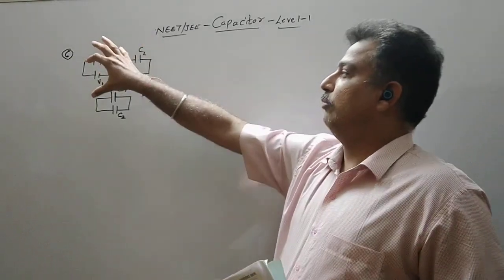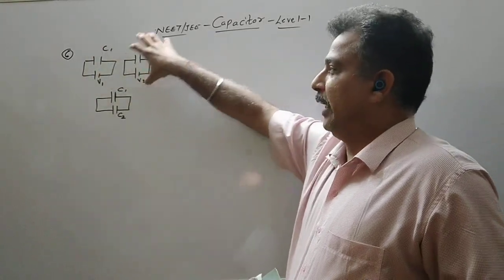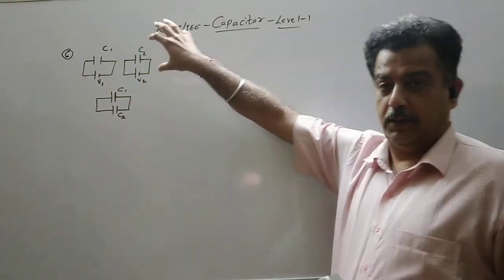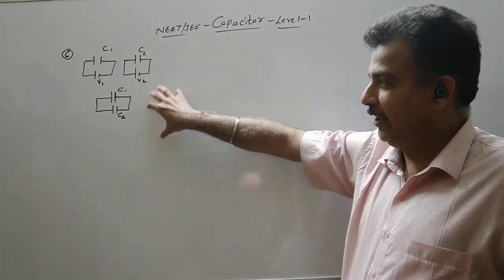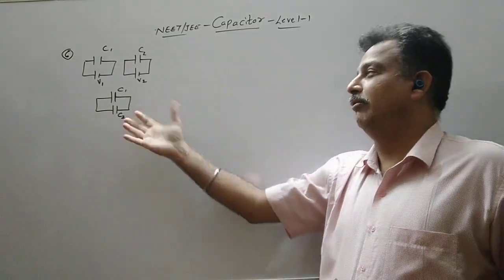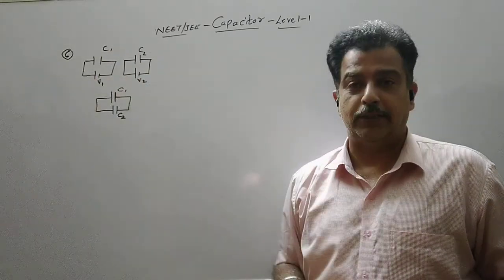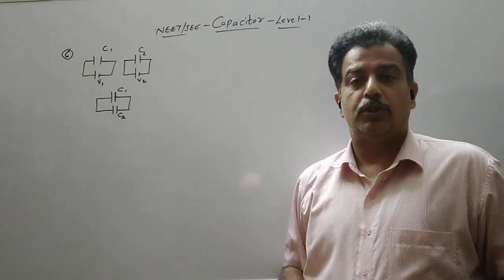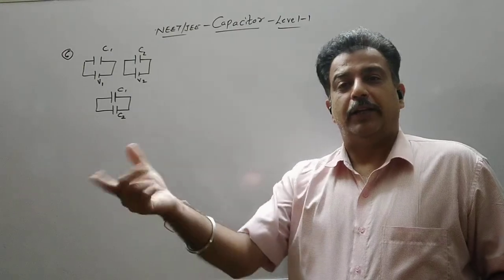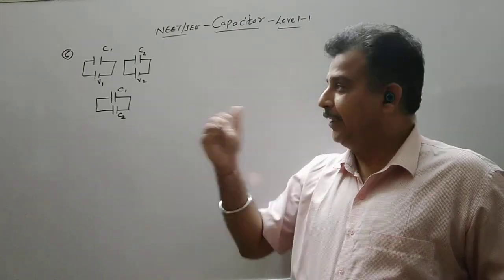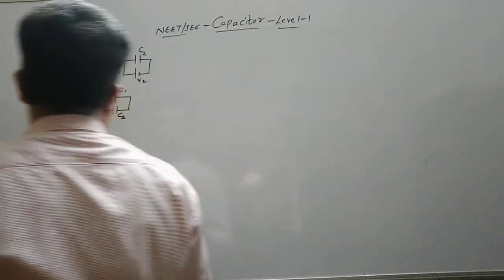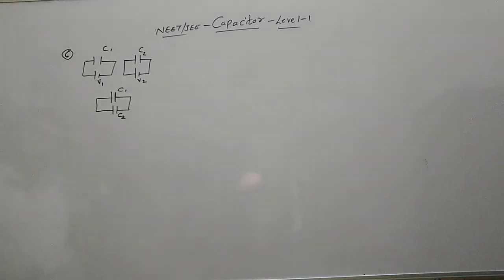So if you have Q1 and Q2, I can find out the total initially, and then finally the charge remains the same. Now the potential will be the common potential. Individually they have V1 and V2 potential. Now the potential becomes common. So one is to find out the common potential, and then we find out the new charges on it.